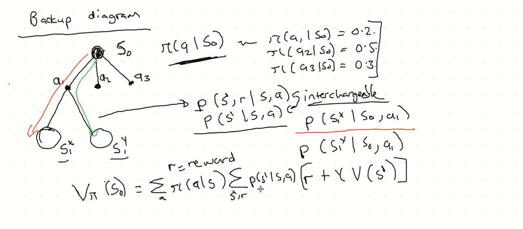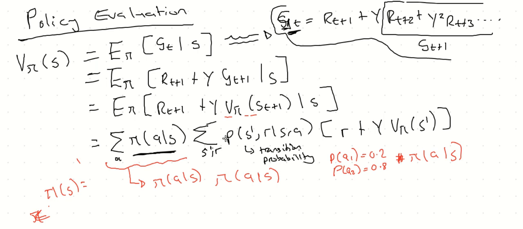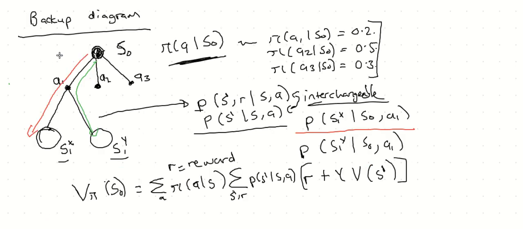Again, another expectation that we're computing here. So that's why we need to multiply the probability of ending up in each of the s primes with the reward that we get plus the value of each of these s primes. Again, this is another way of arriving at the same formula that we saw here, but with a more visual representation of what is going on in this backup diagram.